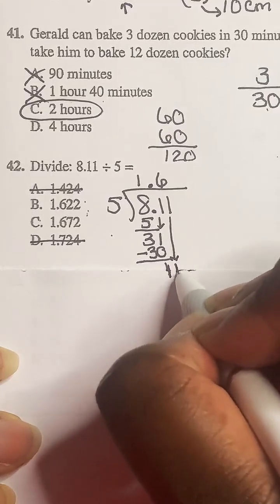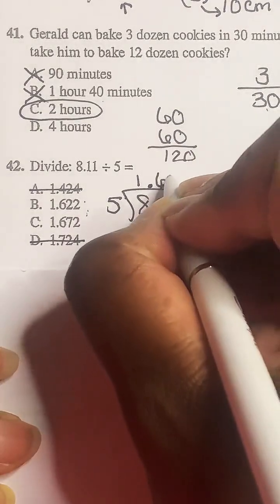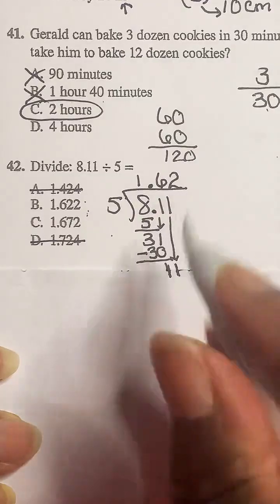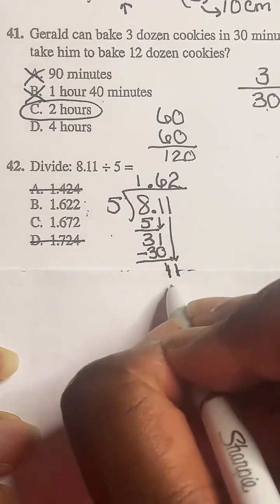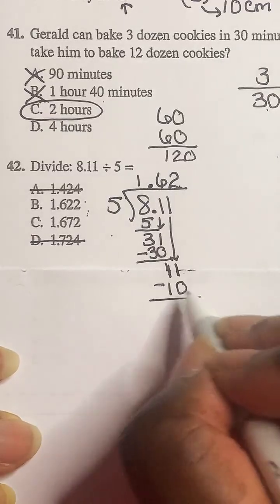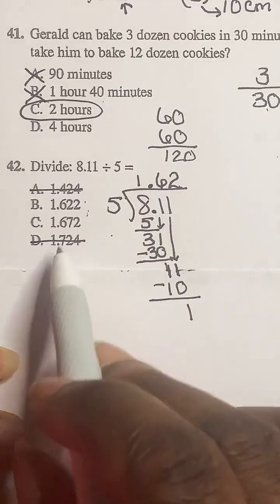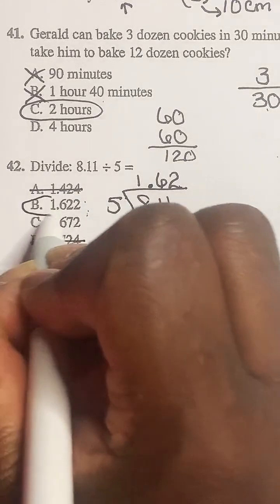So we got 11. So how many 5s can go into 11? There's 2 of them, because 2 times 5 gives me 10. 11 minus 10, that gives me 1. So right here, we should be picking option B.